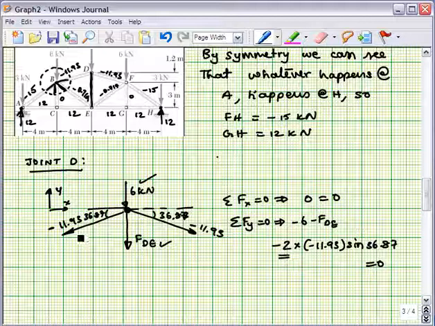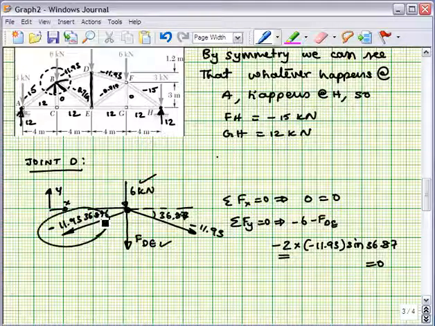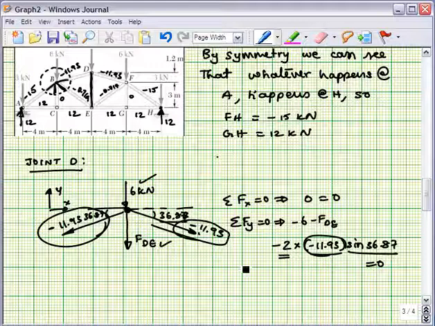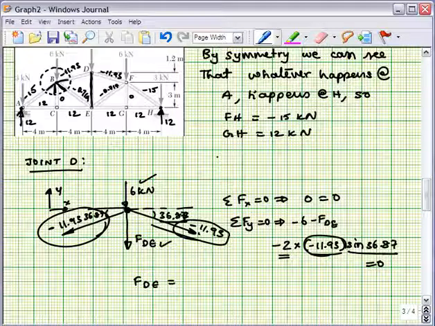The 2 times comes from the fact that I have one contribution from this side, one contribution from that, and 11.93 is that number, sine 36.87 is that number. So you can calculate FDE will turn out to be 0.856 kilonewtons.